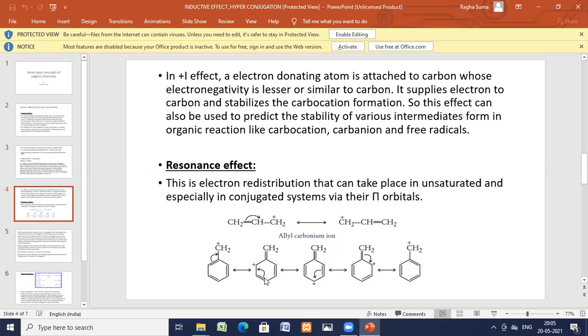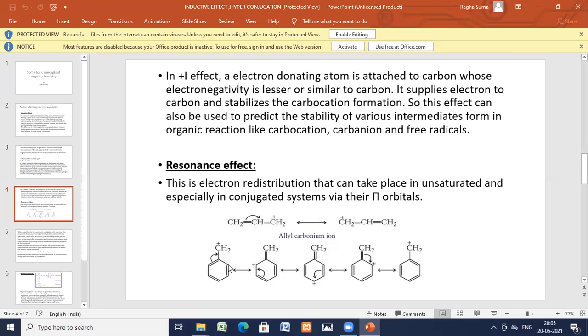The higher the resonance energy, the greater is the stability of the molecule. Canonical structures are separated by double-headed arrows. The curved arrows you are seeing here are used while writing the canonical structures. And the resonance hybrid is the actual structure of the molecule.